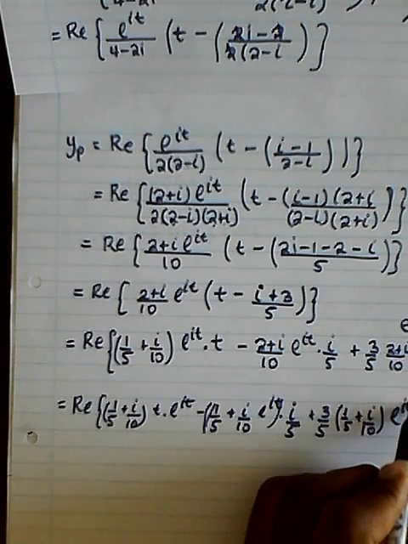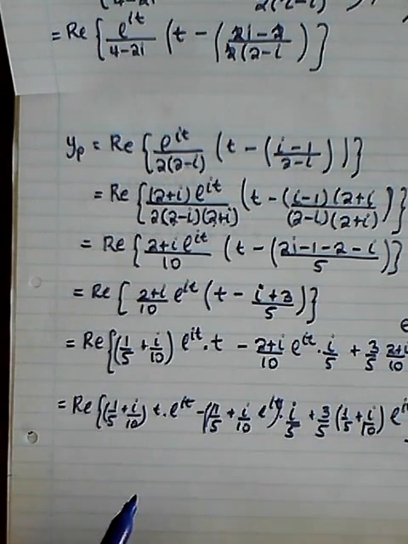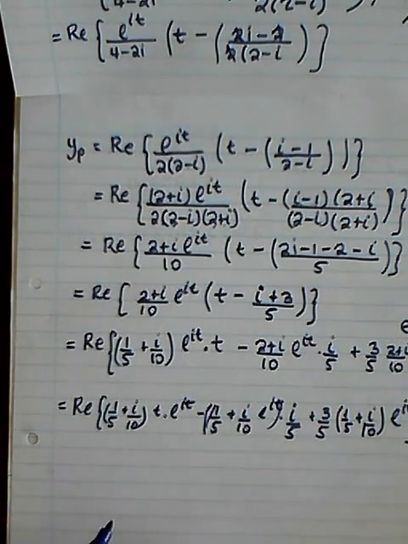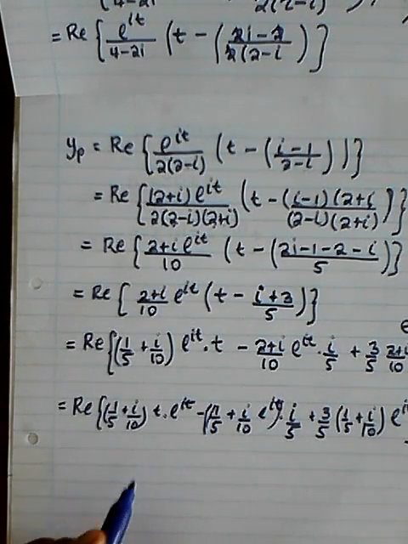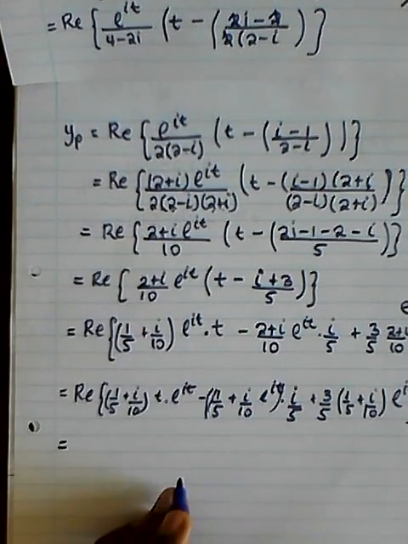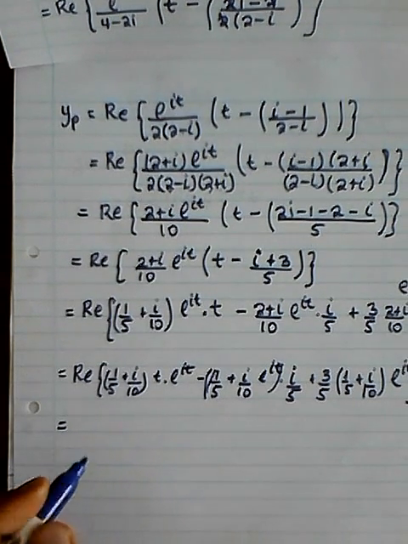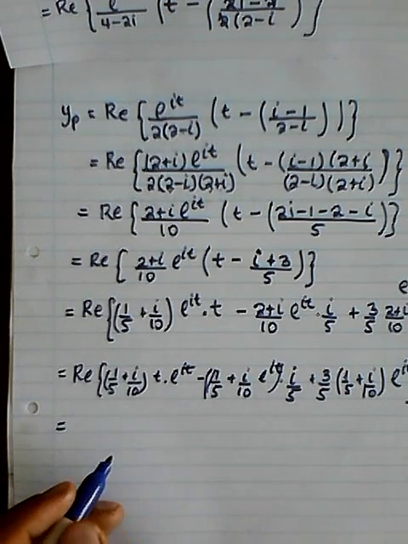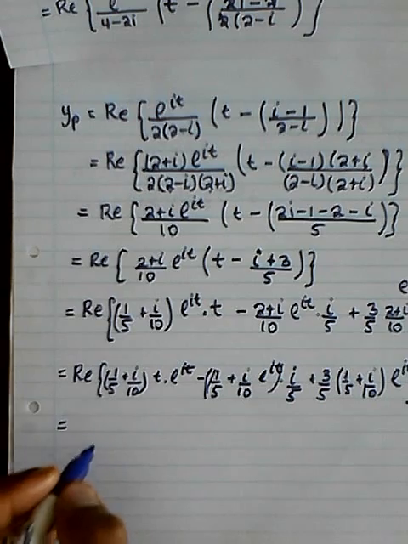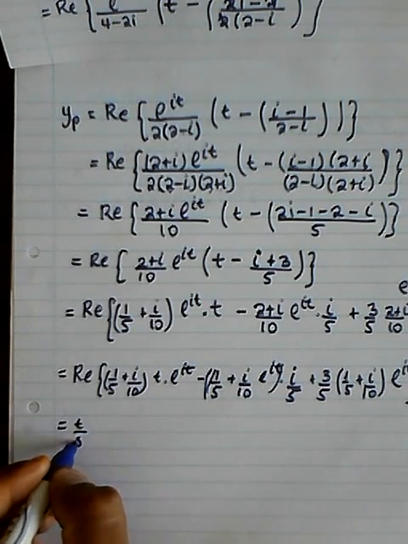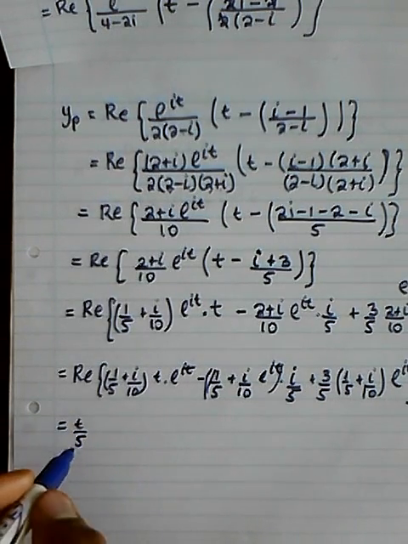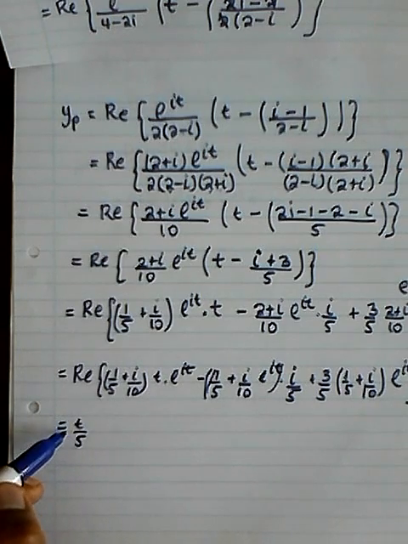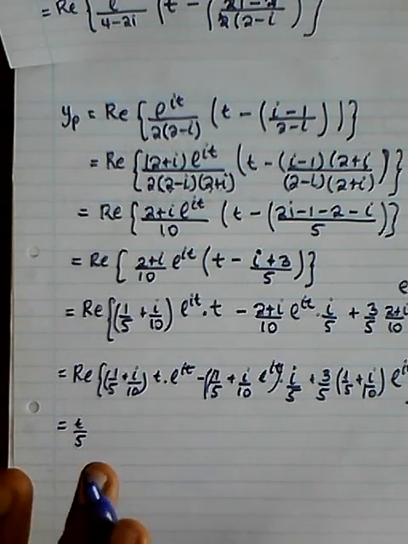When we write e to the power of it in terms of cos and sine, we're going to get something like this, because I'm running out of time. So we're going to get t over 5. Note that I'm not writing the Re here, meaning that I'm only taking the real part.